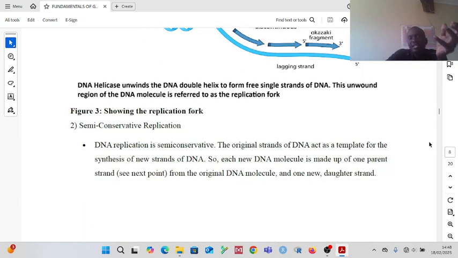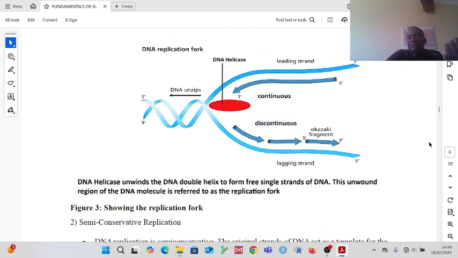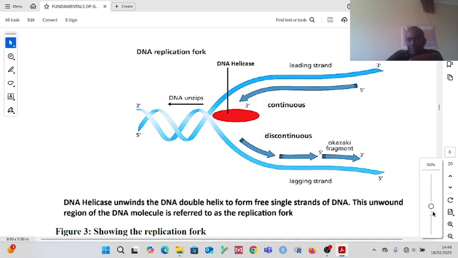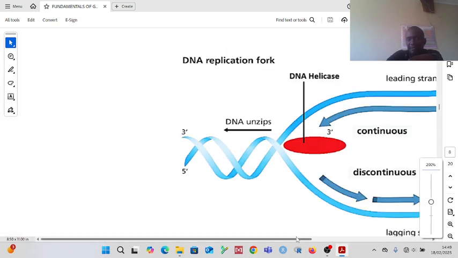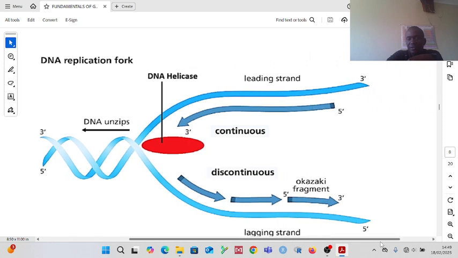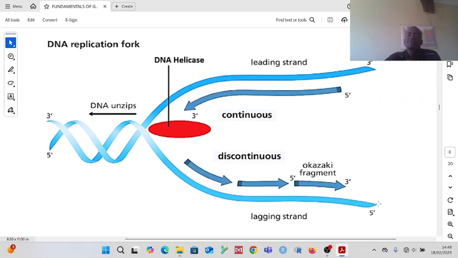Then the next thing that happens is elongation, which we now call the semi-conservative replication. With elongation, the original strand of DNA acts as a template in the creation of a new strand. So if we go back to figure 3, I'll make it bigger so that we can have a closer look.